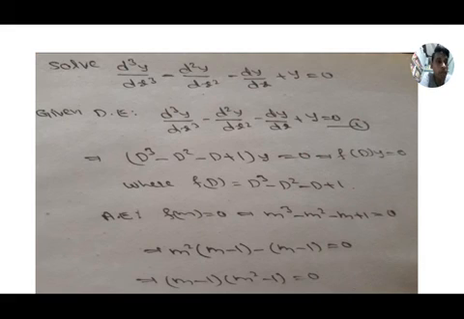First, symbolic form, f of D will come; auxiliary equation, f of m equal to 0; solve the equation, find the roots, and then depending on the nature of the roots write the solution.